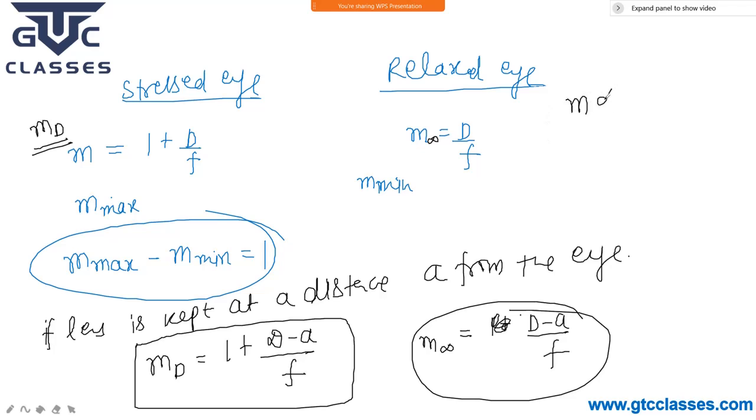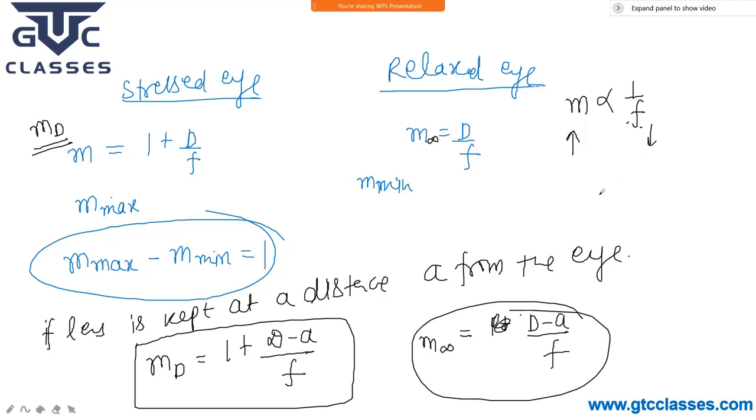Magnification power is inversely proportional to focal length. If the focal length is more, then the magnification power is less. Focal length is less, magnification power is more. So in order to increase this M, we need to decrease the f.